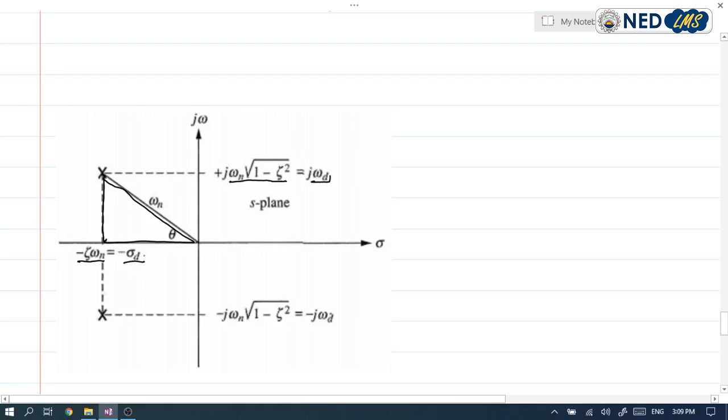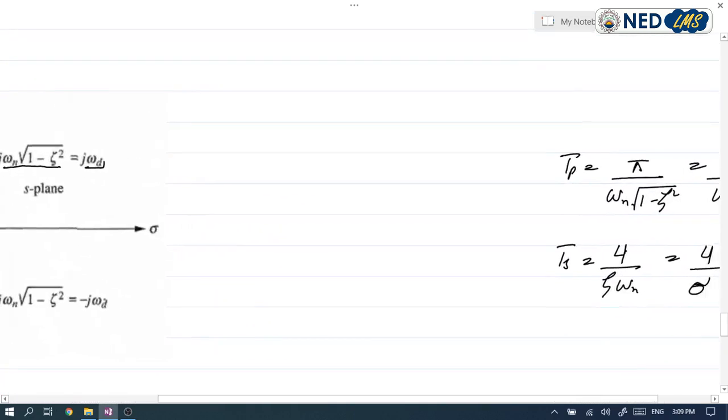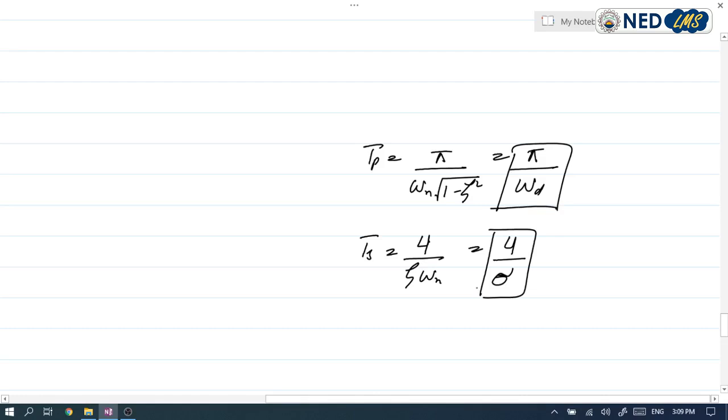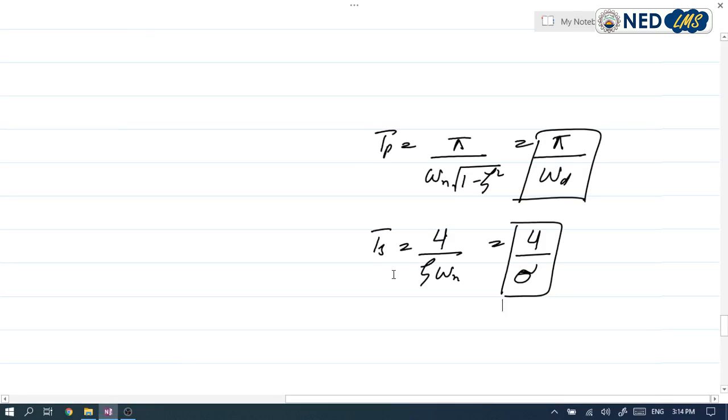So from these observations, the formulas for peak time and settling time can be written as pi over omega d and 4 over sigma d for settling time. So from these formulas it is clear that the peak time is inversely proportional to the imaginary part of the pole, and the settling time is inversely proportional to the real part of the pole.